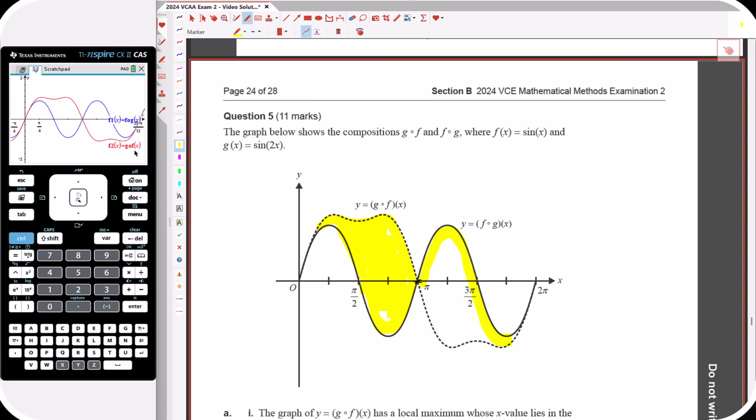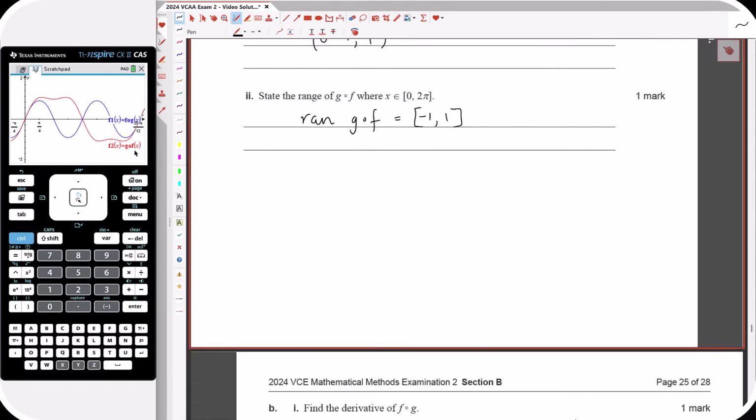Now, the key with this question is it asks me for a single definite integral. Whilst I could set up the integral from 0 to pi of goff minus fog and then plus the integral from pi to 2 pi of fog minus goff, it asks for a single integral. So what I need to recognise is that there's some symmetry here and these two shapes are actually equal. So I can use a single integral just by doubling one of these integrals.